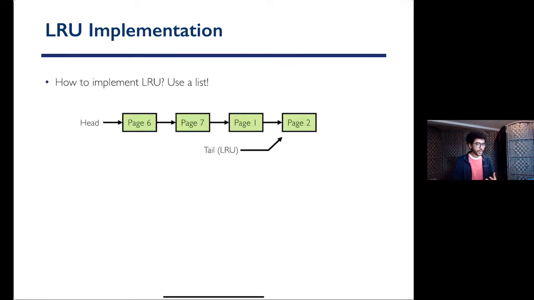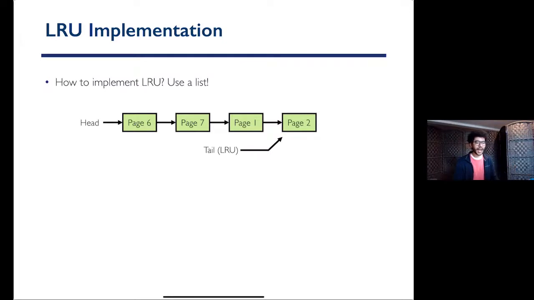Okay, now let's go back and talk about LRU implementation. How can we implement LRU? Let's say in an ideal world we had access to the information of which pages have been accessed in the past. Then I can have some notion of a list of pages that have been accessed.